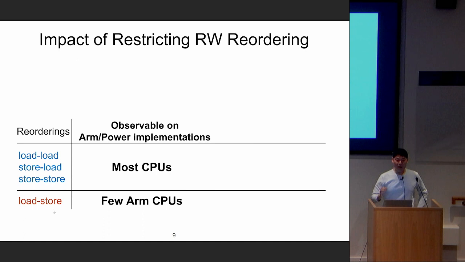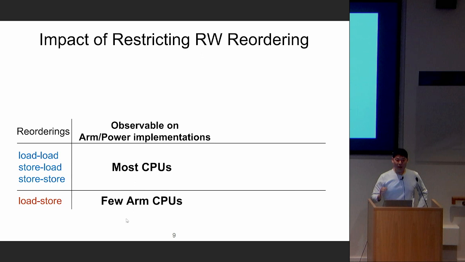For example, in Power, load-store reordering has never been observed in any Power implementation, and also in very few old CPUs you can observe it. But since 2016, I think no one has observed load-store reordering.